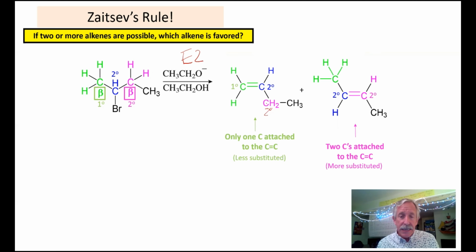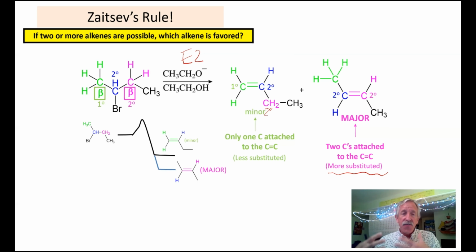The other alkene, the one on the right, has two carbons attached to that alkene, and therefore we would call it more substituted. Okay? According to Zaitsev's rule, the more substituted alkene is always going to be your major product. So if you have a choice, less substituted or more substituted, form the more substituted product as your major product, which means you have to label both beta hydrogens and make sure you know where they could actually react and what could be formed.